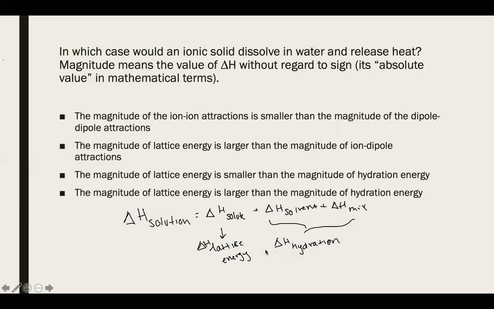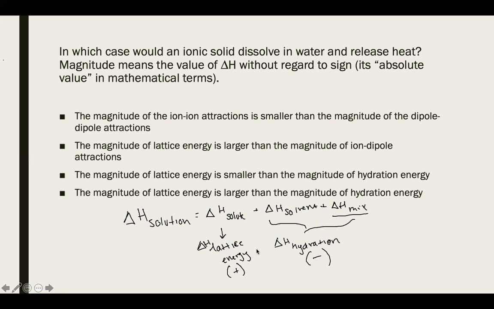And so the way you can determine whether a reaction is going to happen is if this delta H hydration, because of the exothermic delta H mix, is really negative and really large, larger than the energy coming from your solute, if that's endothermic, it'll have a positive delta H sign.